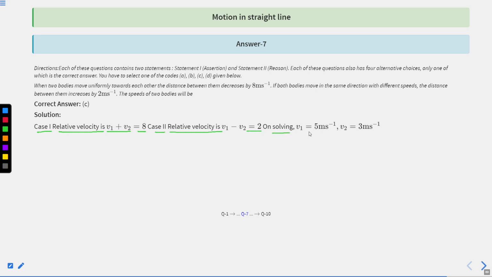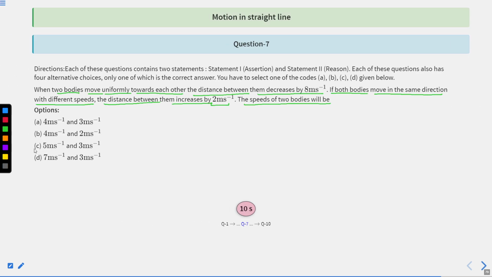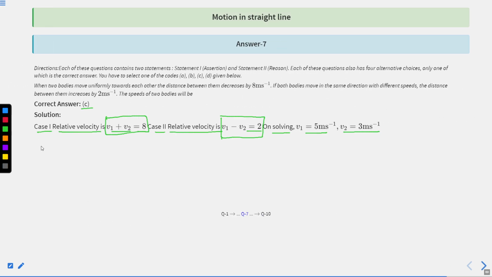On solving these two equations, v1 equals 5 meters per second and v2 is 3 meters per second. Correct option is C. Clear? Next question.